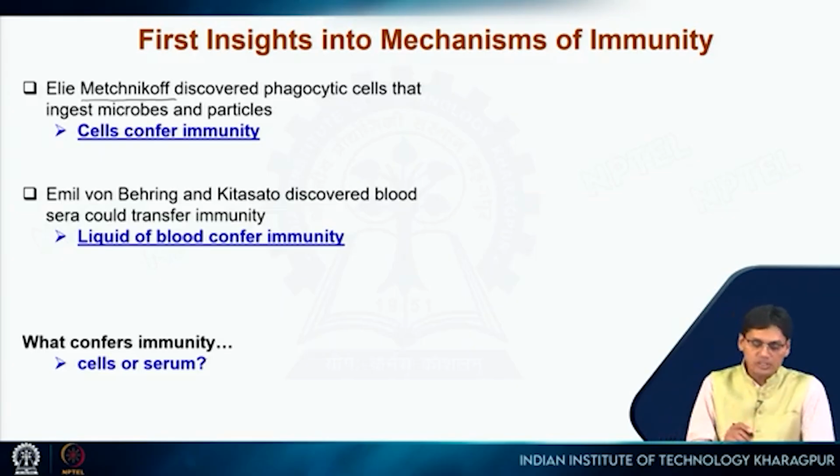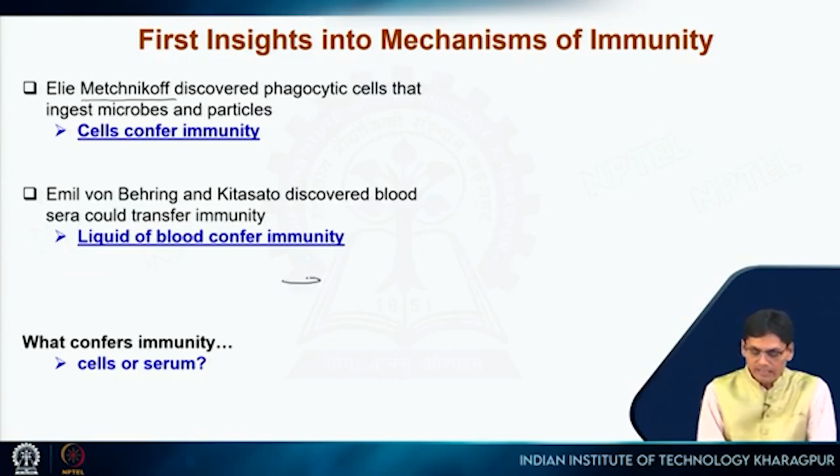First I should explain what cells and serum are, because that will be clearer to you. For example, if you take a blood sample in this tube, that you just draw from some individual, this is nothing but blood.